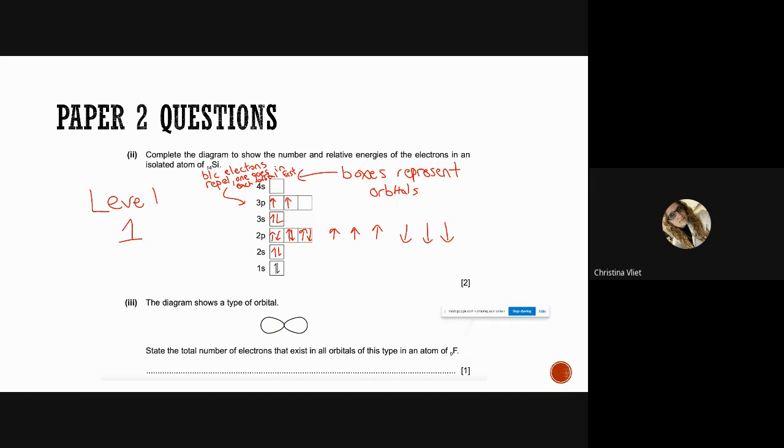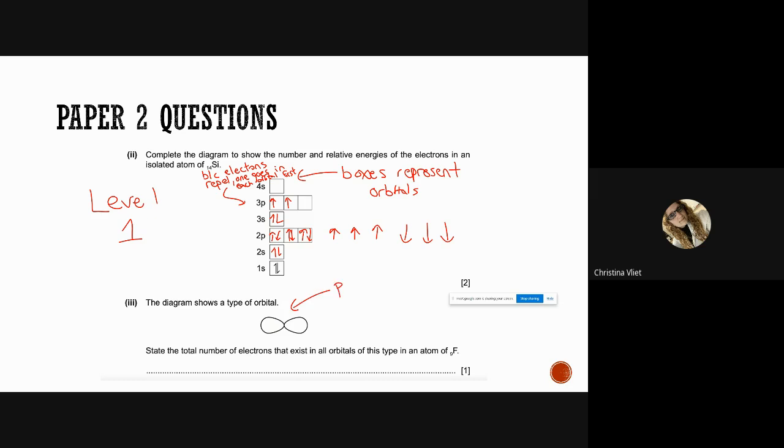Bottom question. Diagram shows the orbital. Looks like that. How many electrons exist in all orbitals of this type in an atom of fluorine? Do we understand that question? What is this? A few orbitals.